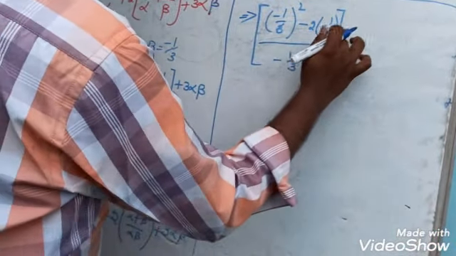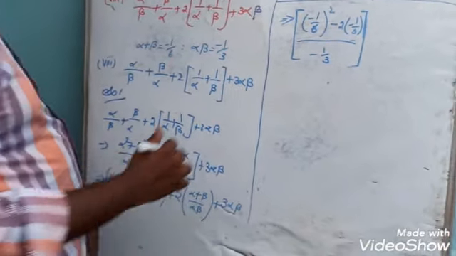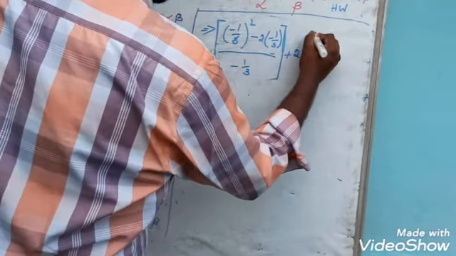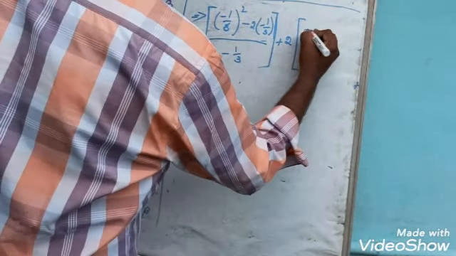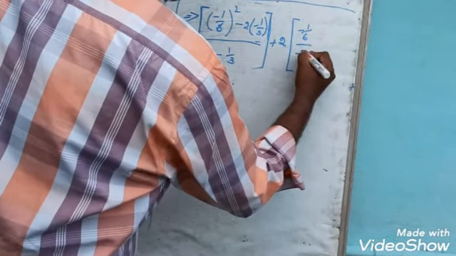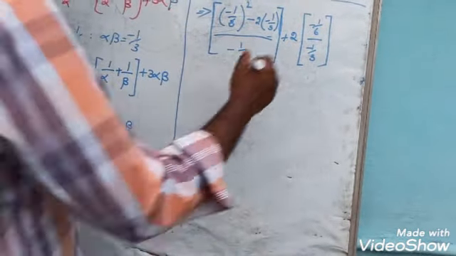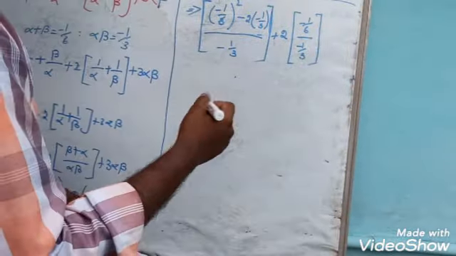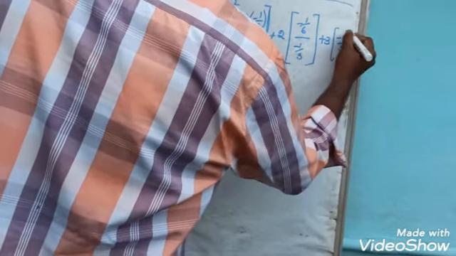Next we move on to plus 2 into alpha plus beta divided by alpha beta: minus 1 by 6 divided by minus 1 by 3, plus 3 into alpha beta, so plus 3 into minus 1 by 3.